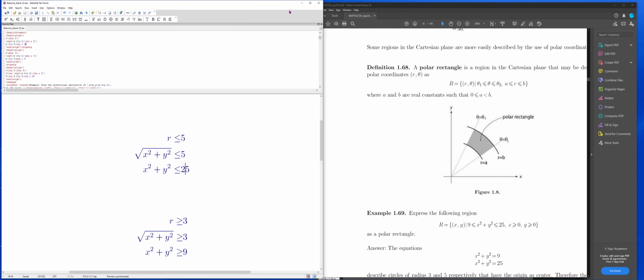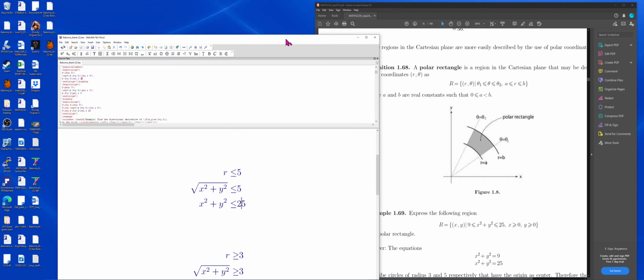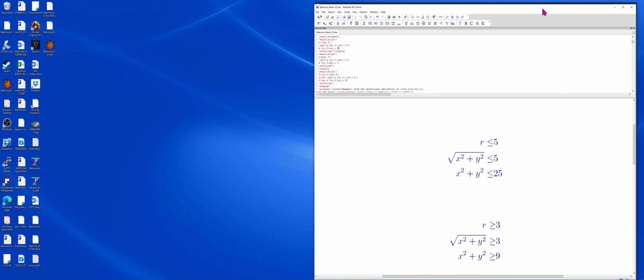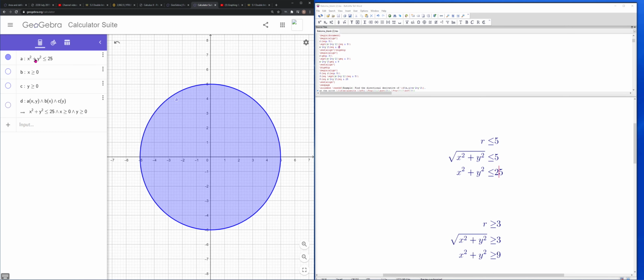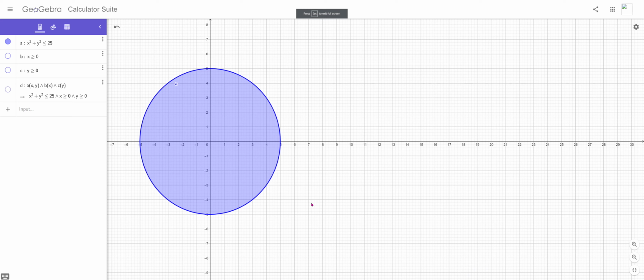So what is that? x squared plus y squared less than or equal to 25 is a circle of radius 5.